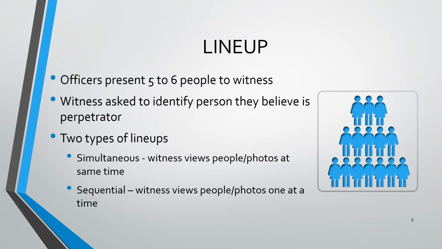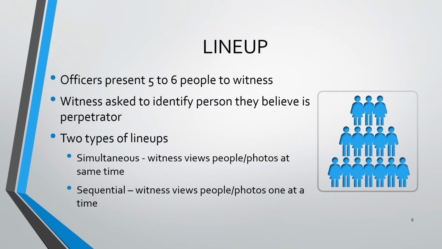The most common lineup procedure used by law enforcement is the simultaneous lineup, which is when the witness views all the people, or photos in the case of a photo array identification procedure, at the same time. In a sequential lineup, people or photographs are presented to the witness one at a time, that is, in sequence.